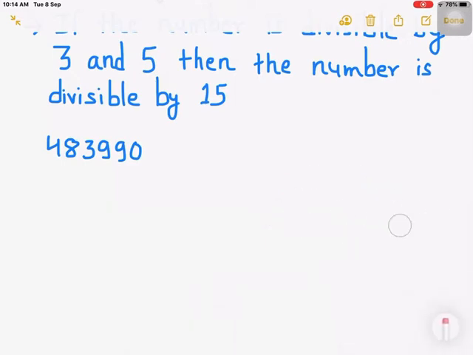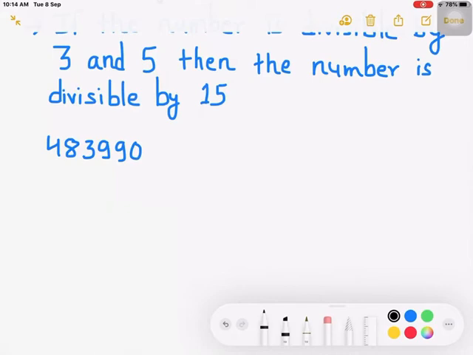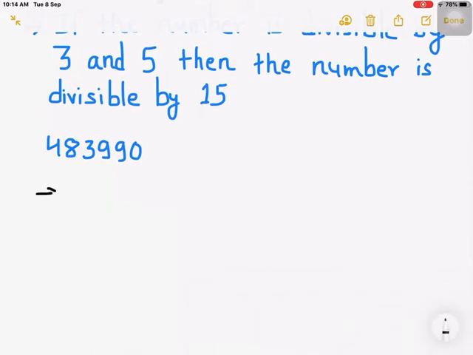So let us check this number now. What is the condition for 3? The condition for 3 is that the sum of the digits must be divisible by 3. So the sum of the digits 4 plus 8 plus 3 plus 9 plus 9 plus 0 is 33.